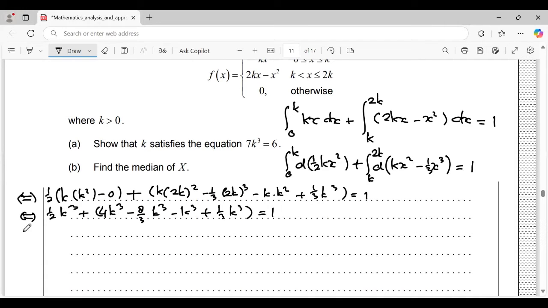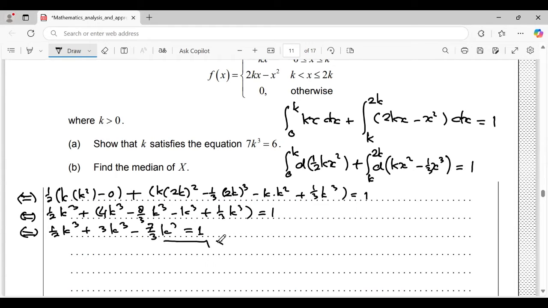It is going to be half k cubed plus 3k cubed minus 7 over 3 k cubed equals 1.